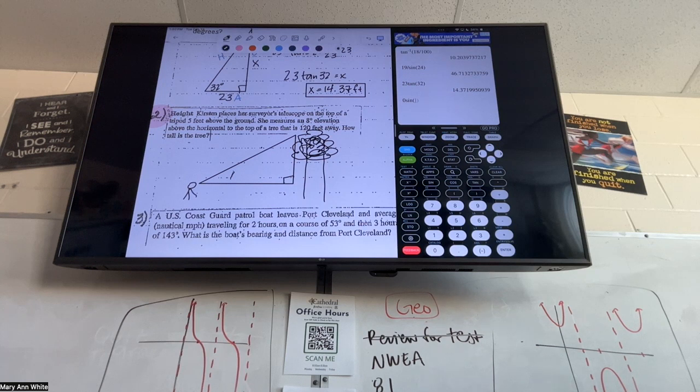Here's my tripod with my little telescope on it. And I am currently 5 feet above the ground. That means that I'm still looking for how tall the tree is, but I'm gonna label the height as X, and I know that at the end, I'm gonna have to add this extra 5 feet that I have taken away by being a little elevated off the ground.